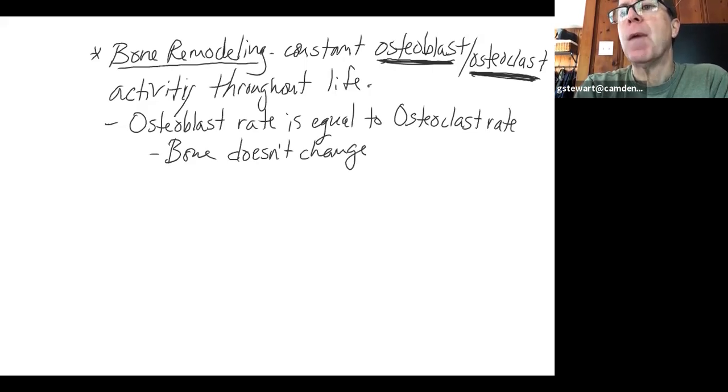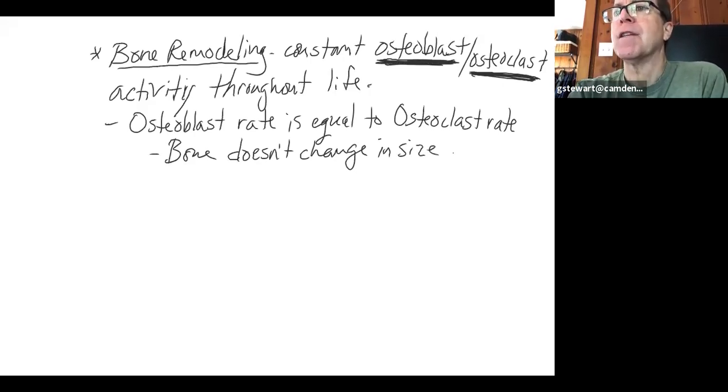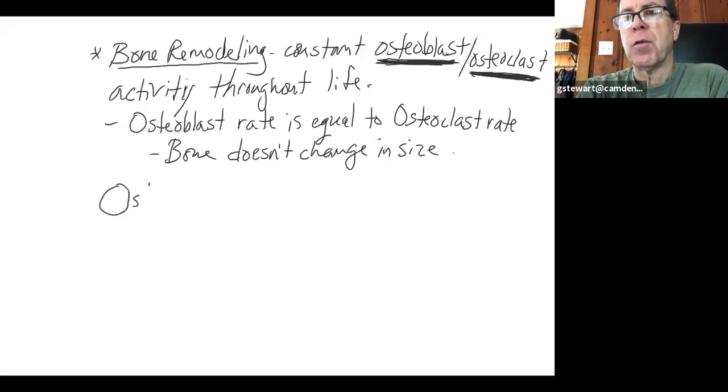So we're constantly making new bone and getting rid of old bone, but the bone doesn't overall change in size because the rate of activity of these two things is about the same. When we're growing, osteoblast activity is faster than osteoclast activity. And when we get old, you've heard of osteoporosis, but this term, I'm getting ahead of myself.